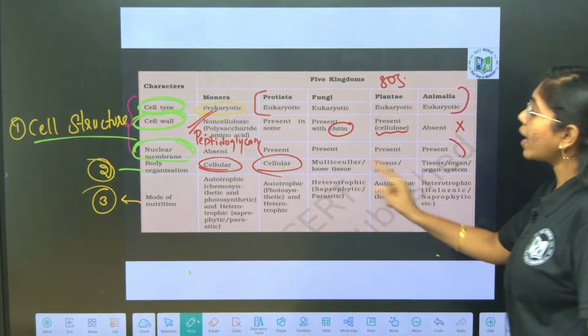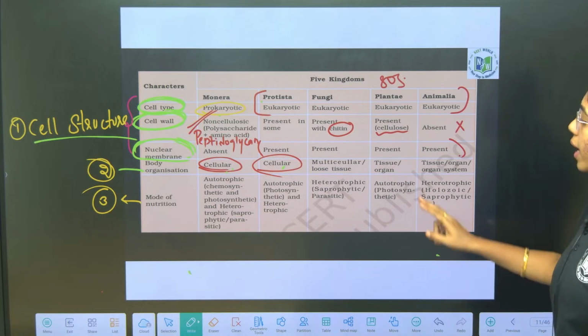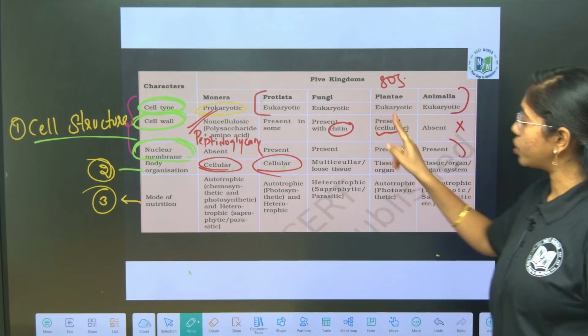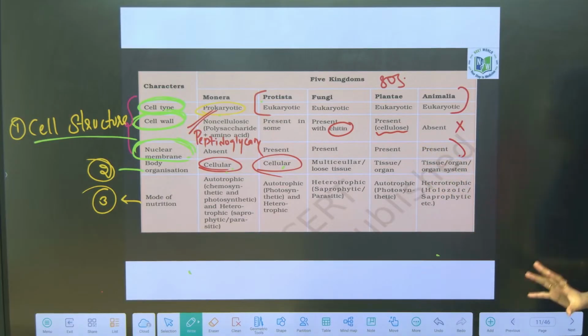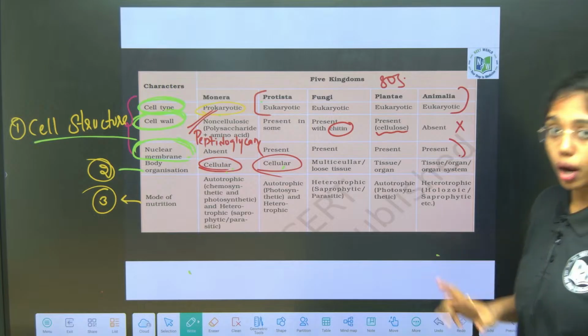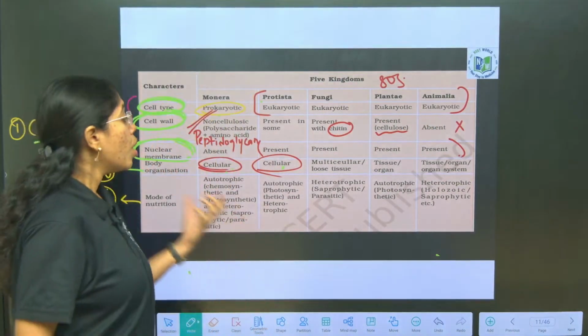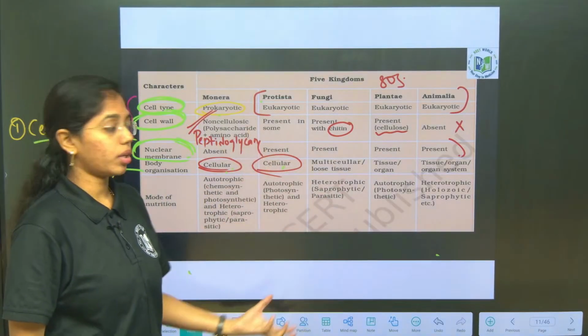In fungi, multicellular loose tissue is observed, and in Plantae, tissue and organ level of body organization is observed. In Animalia, tissue, organ and organ system level of body organization is noticed. Body organization is again important.